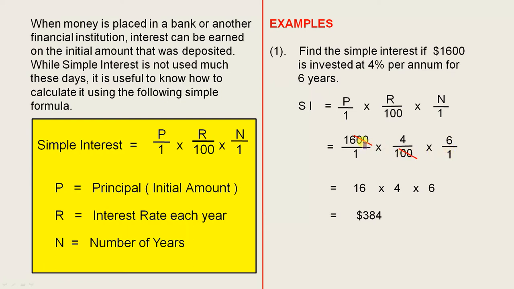So we do our normal cancelling to give us 16 times 4 times 6, and 16 times 4 times 6 gives us $384 as the simple interest. So that's the simple interest that's earned over 6 years at 4% per annum.